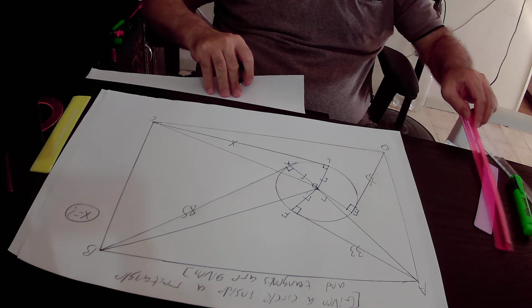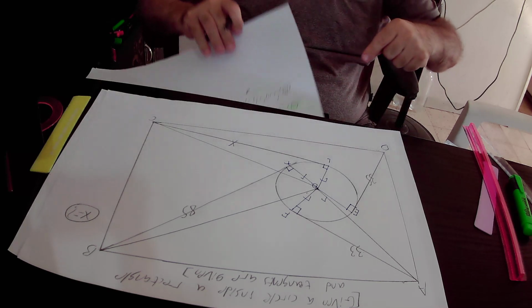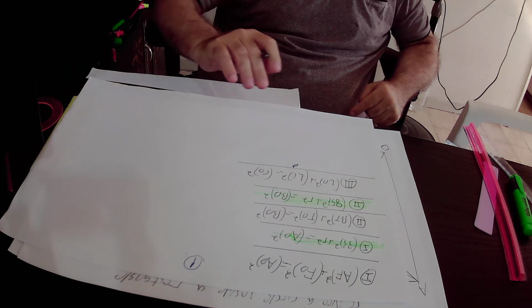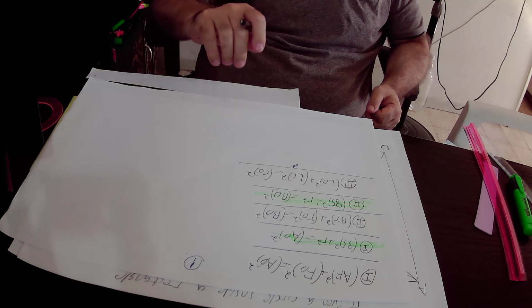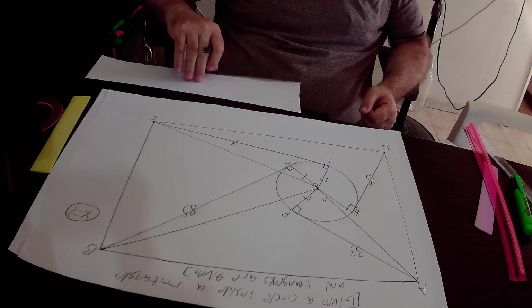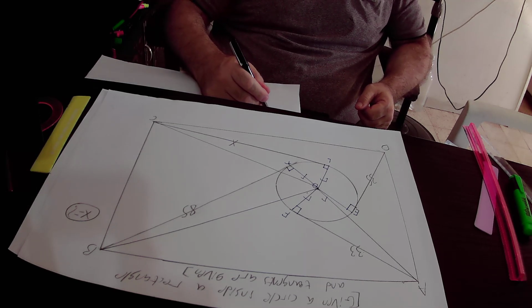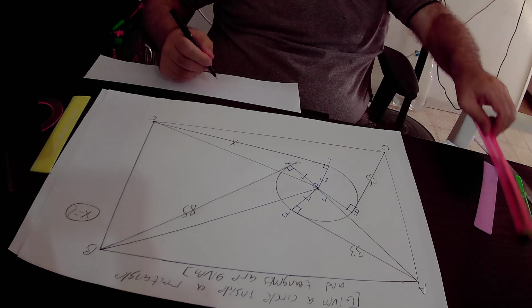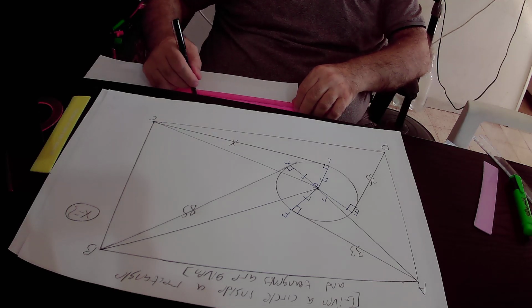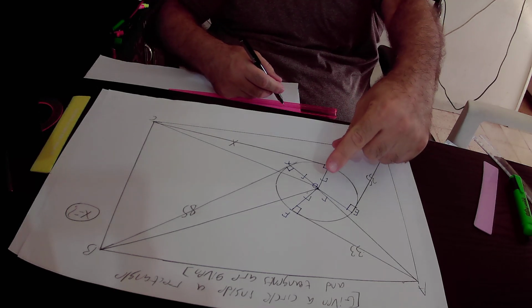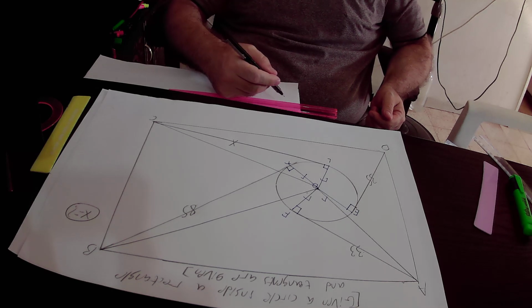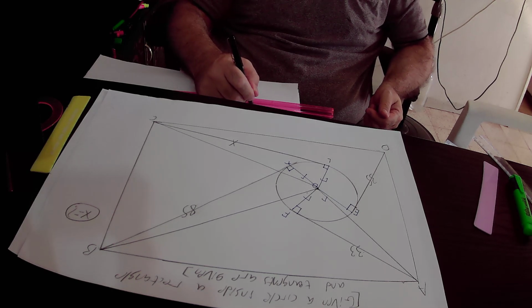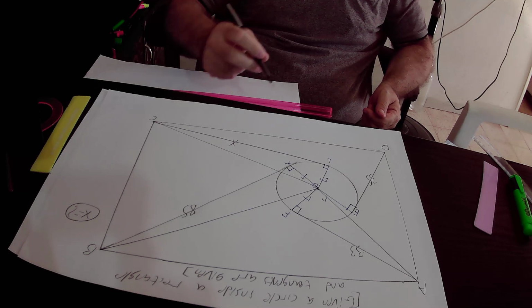Repeat again. In the right triangle LOC, LO squared plus LC squared equals CO squared. LO equals R, therefore LO squared equals R squared, plus LC squared.